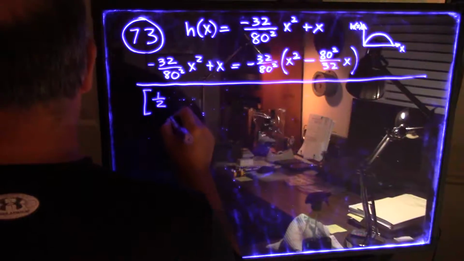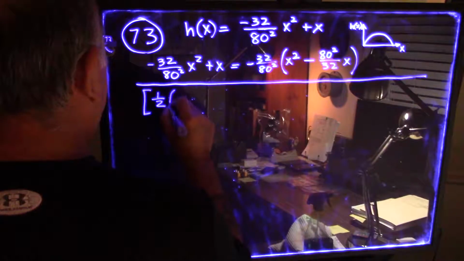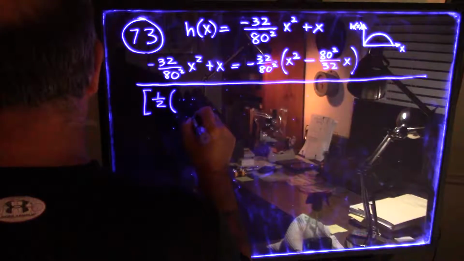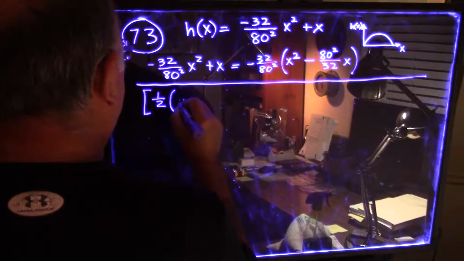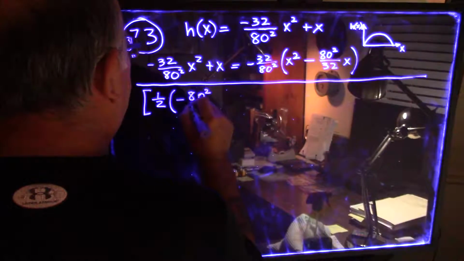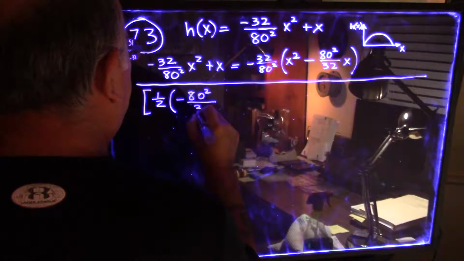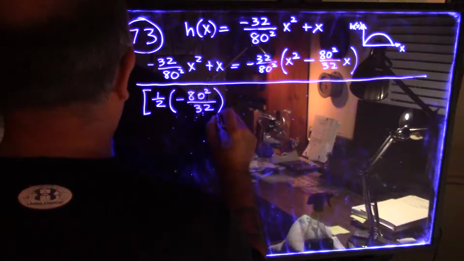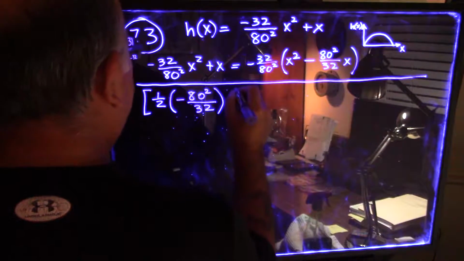Half the coefficient of x is negative 80 squared over 32, and then we square that.